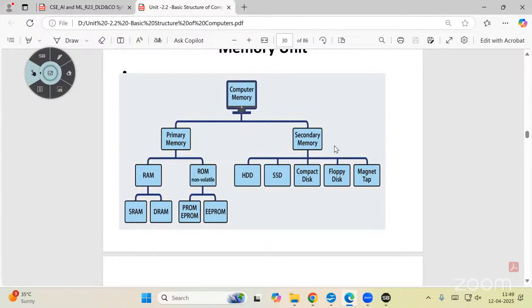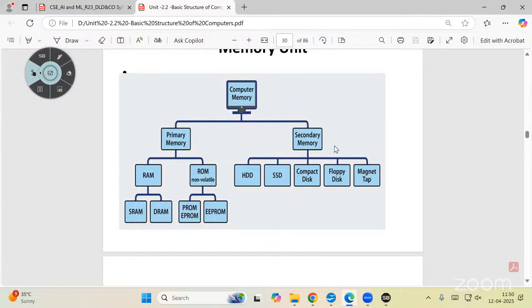Static RAM is a slower device and dynamic RAM is faster. Nowadays in our mobile phones the RAM is DDR RAM. And the read-only memories are non-volatile. What is the meaning of non-volatile? You have to remember the words volatile and non-volatile memories.